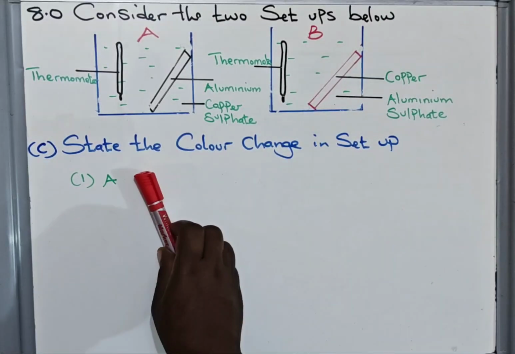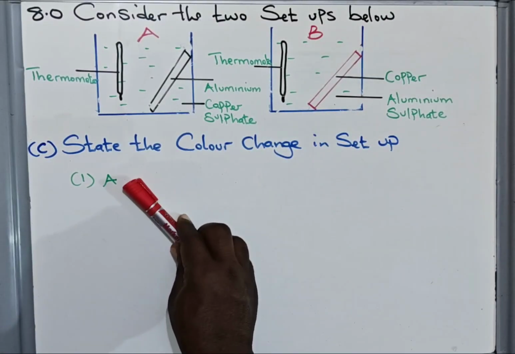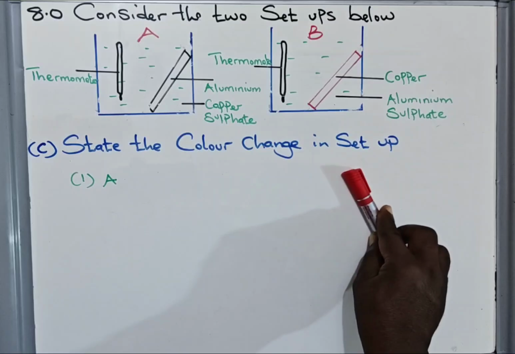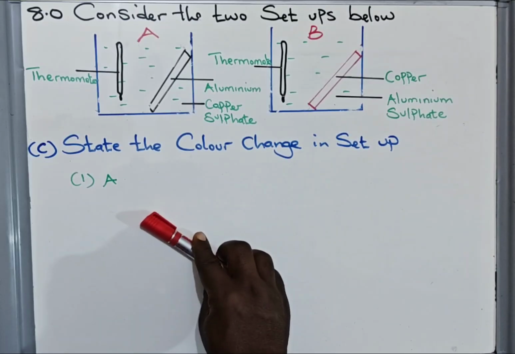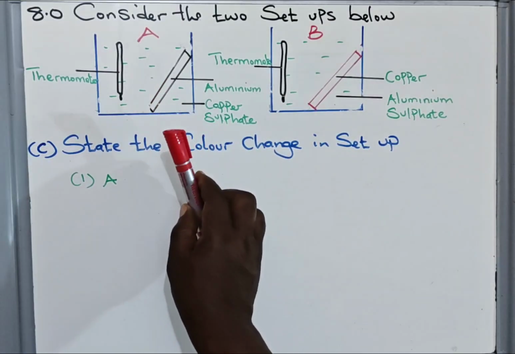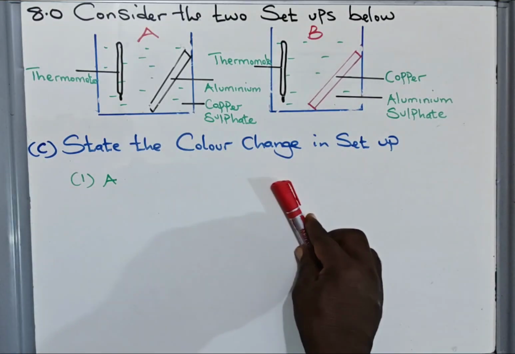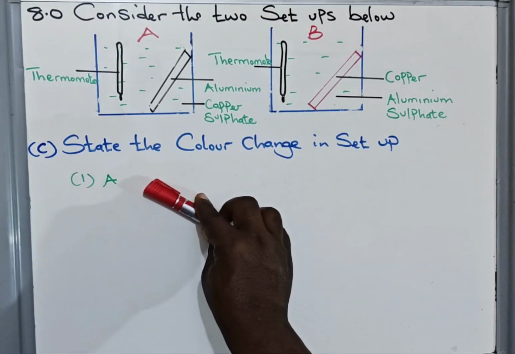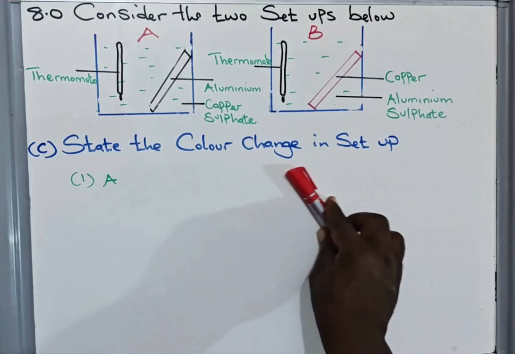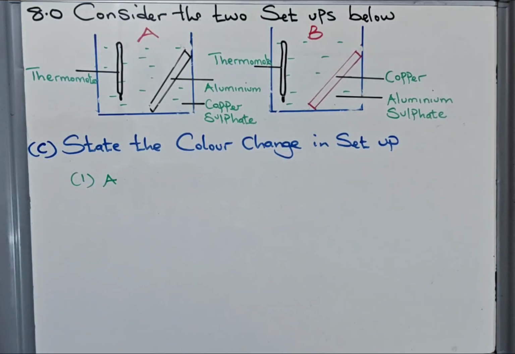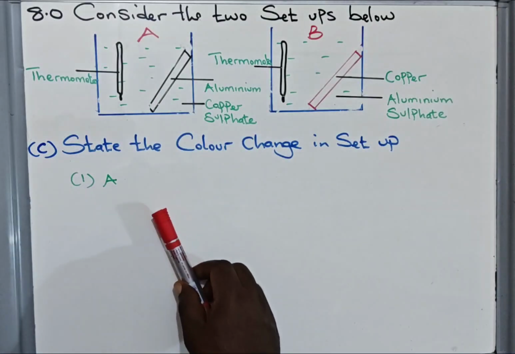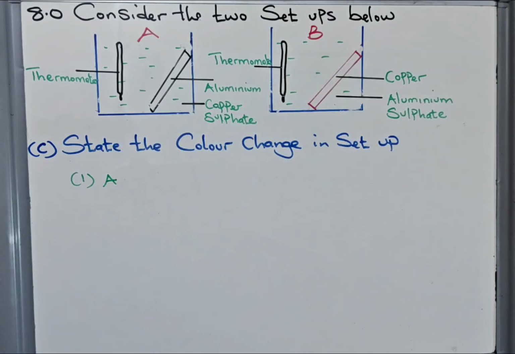Then we come to this question. It says, state the colour change in setup A. This is the setup which is feasible. How do we interpret the colour change? Here you have to look at the equation which is taking place.